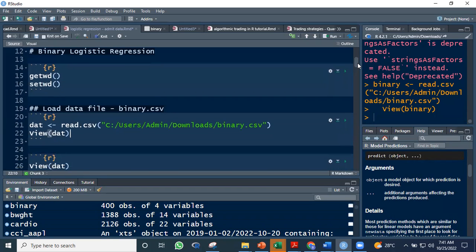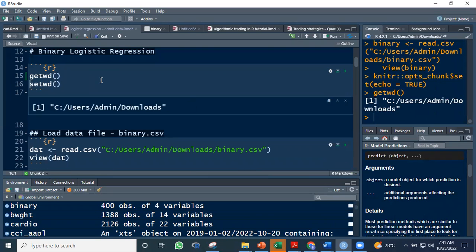Sometimes it's very important to know where your default directory is. And to get the default directory, you use get working directory. So if I run this, my directory now is in drive C, users, admin, downloads.